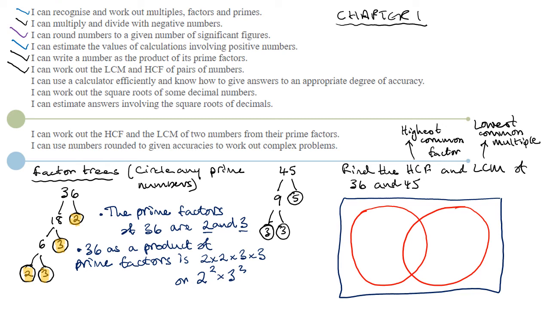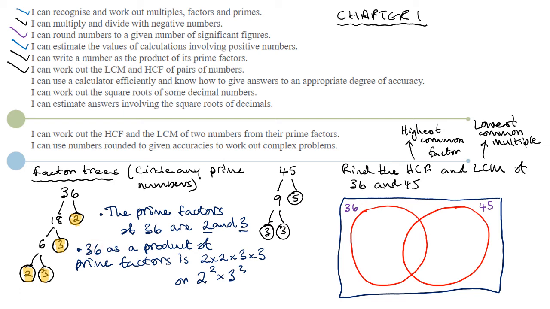In one of those circles, I'm going to put in the prime factors of 36. In the other circle, I'm going to put the prime factors of 45. So in the middle, where I have this overlap, I'm going to be writing down the prime factors of 36 and 45. In other words, numbers which I see in both factor trees.